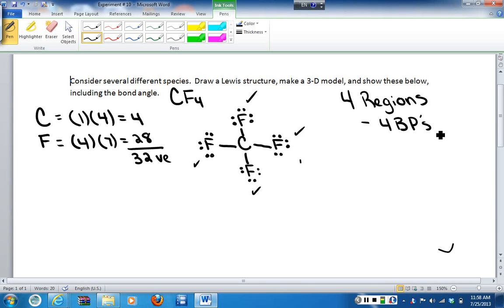So if we look at what we know about 3D models, when there are 4 regions around the central atom, we have 3 different possibilities for its geometry. But because they're all bonding pairs, we know that the geometry of this molecule has to be tetrahedral.